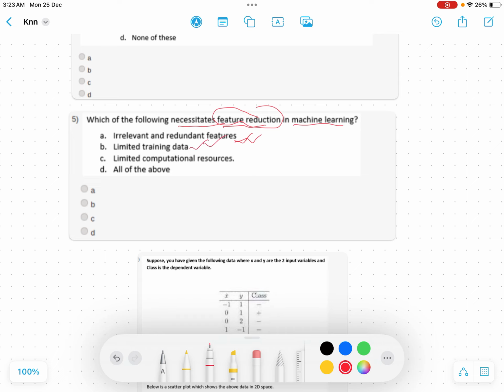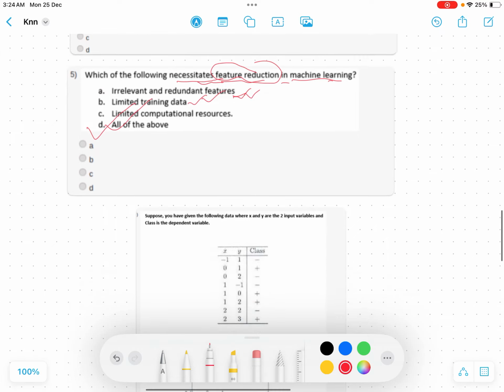Limited training data, so if you have limited training data, that way you can reduce the features. And limited computational resources. So all of the above is the correct answer.